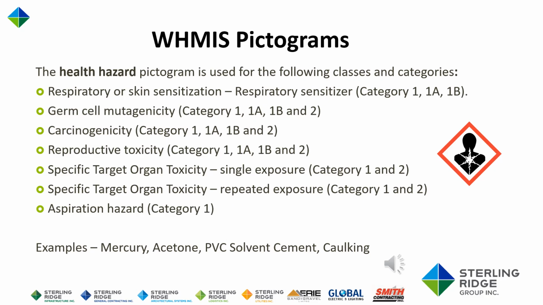Reproductive toxicity, Category 1, 1A, 1B, and 2. Specific target organ toxicity, single exposure, Category 1 and 2. Specific target organ toxicity, repeated exposure, Category 1 and 2. Aspiration hazard, Category 1. Examples: mercury, acetone, PVC solvent cement, caulking.